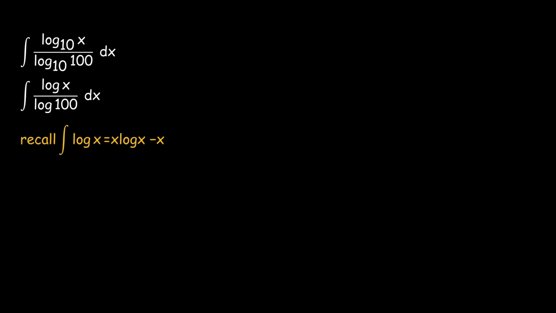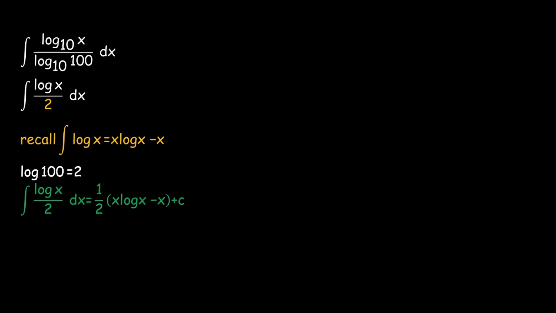If you remember question number 58, we integrated log of x to give us x log x minus x. So we're just going to use this over here. In this case, our question would be the integral of log x over 2, and our answer would just be 1 over 2 times x log x minus x plus c.